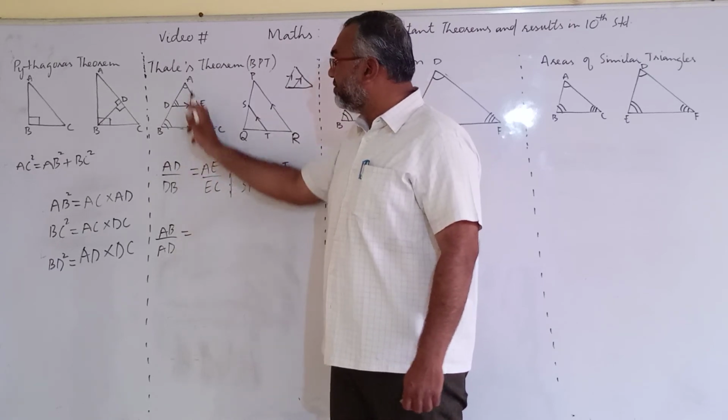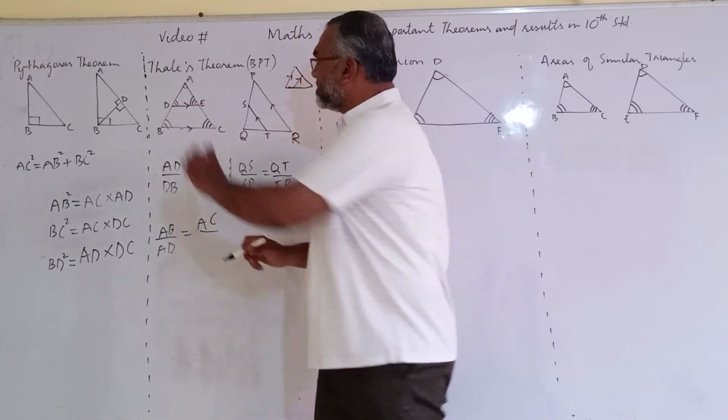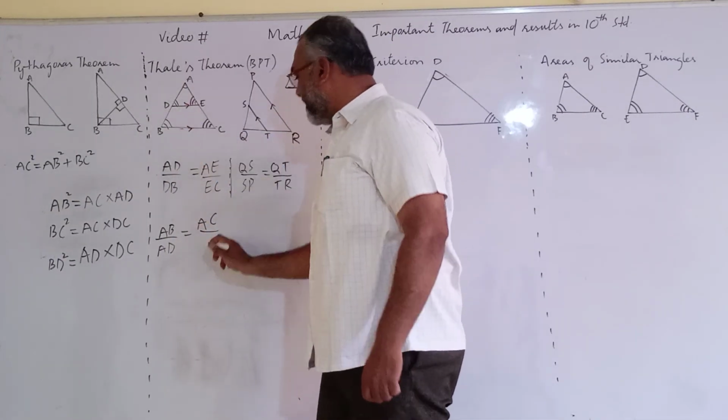I am taking AB divided by AD. So here it will be AC full length, just like AB here, AC divided by, I took AD here, so I must take AE here.